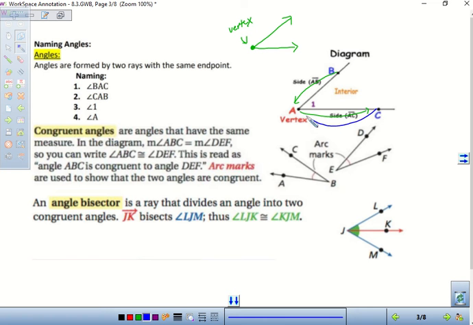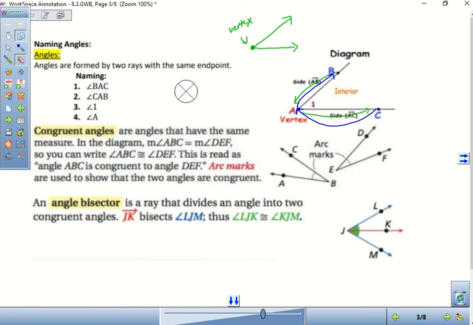We can also name it C, A, B, okay? So vertex will always be the middle letter. So it's basically tracing out that angle for you as you name out the letters. BAC traces out the angle. CAB traces out the angle, okay?